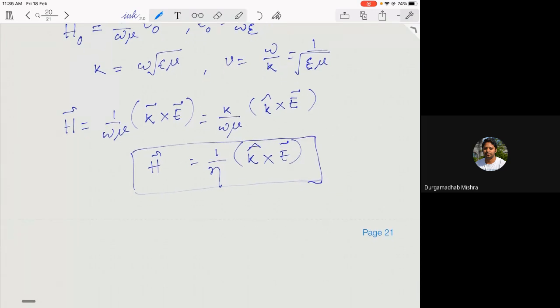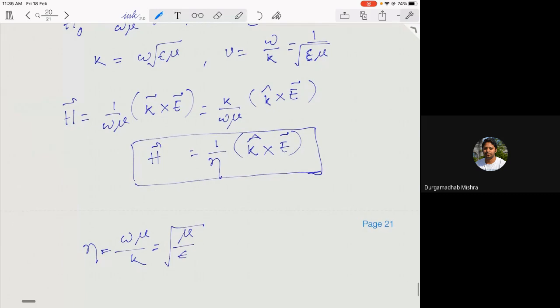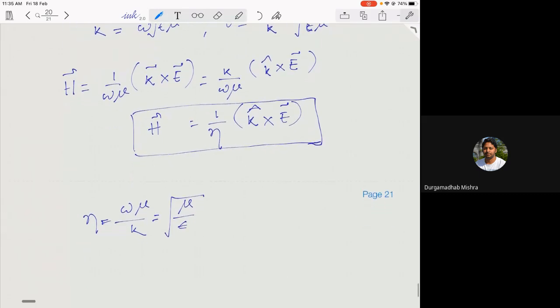So what is eta? Eta is nothing but omega mu by k, which, if you substitute the value of k in terms of epsilon and mu, you can write as square root of mu by epsilon.